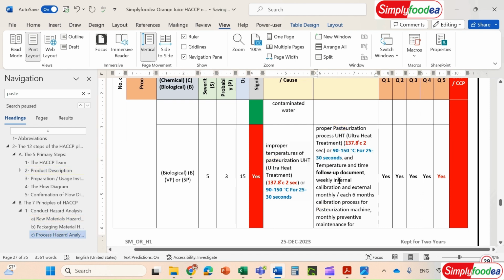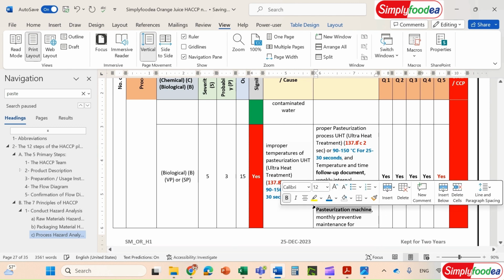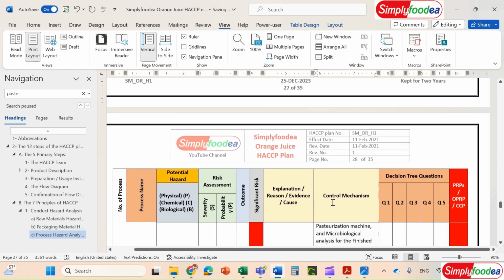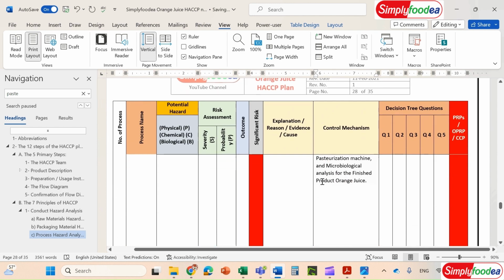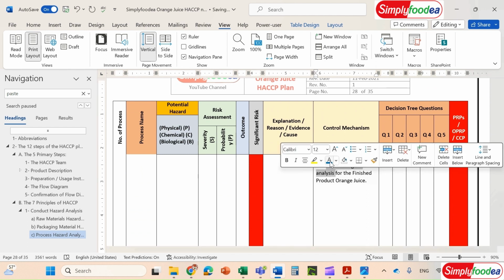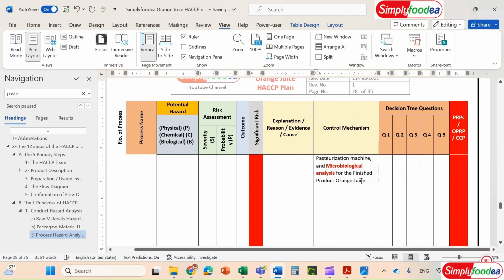Either there is weekly internal calibration or external monthly or every 6 months calibration process for the pasteurization machine itself, monthly preventive maintenance for the pasteurization machine, and microbiological analysis for the finished products is a very important evidence that I am monitoring the pasteurization process at the top accurate level.